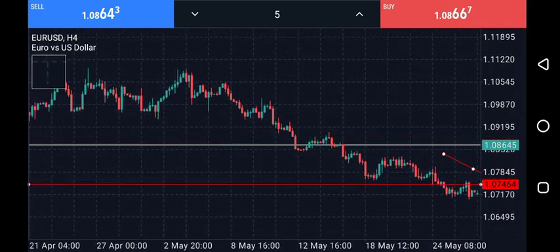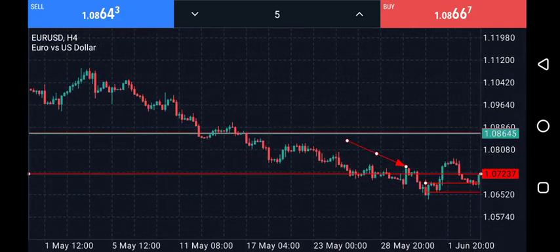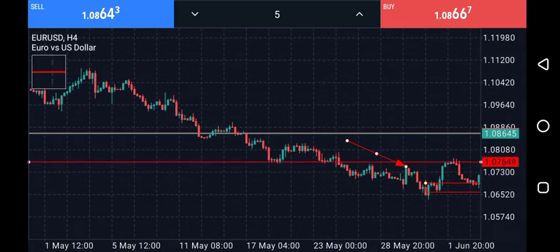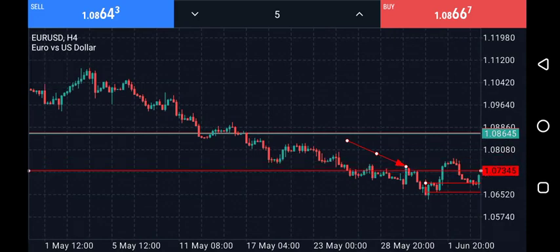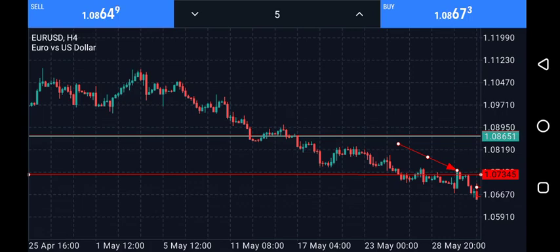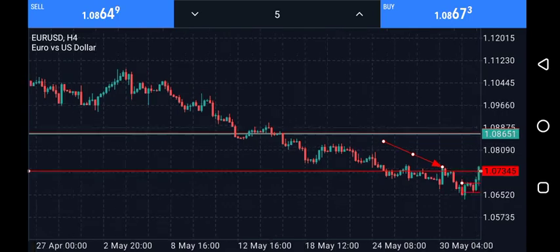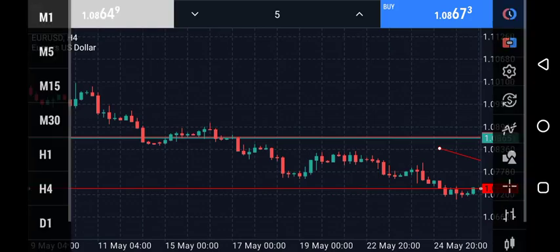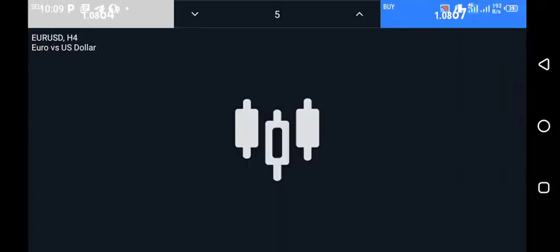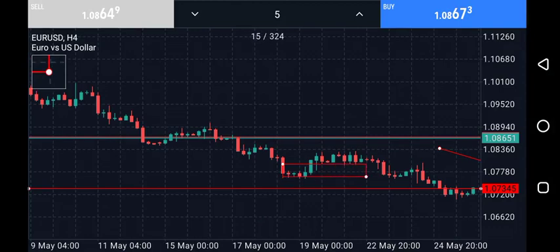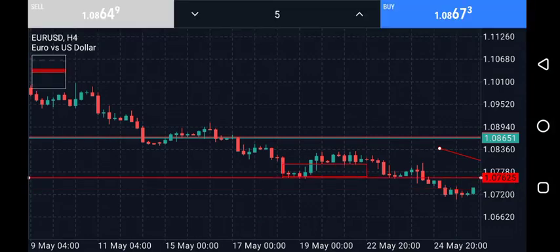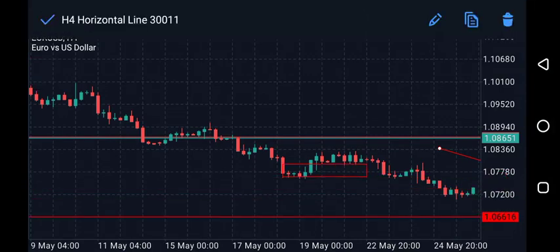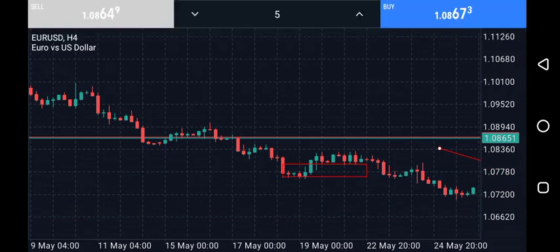All right. So that's basically it. You identify order blocks by break of structure. Any order block that breaks structure. Now let me give an example of another block that did not break structure. As you can see, this over here did not break structure.